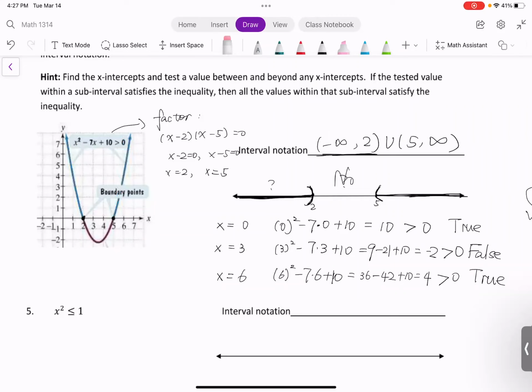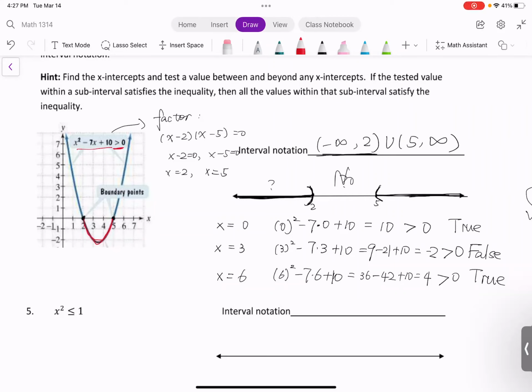But at the bottom part, any point I put into the polynomial will not make the inequality greater than 0. That means it failed. I cannot choose the x value between 2 and 5.